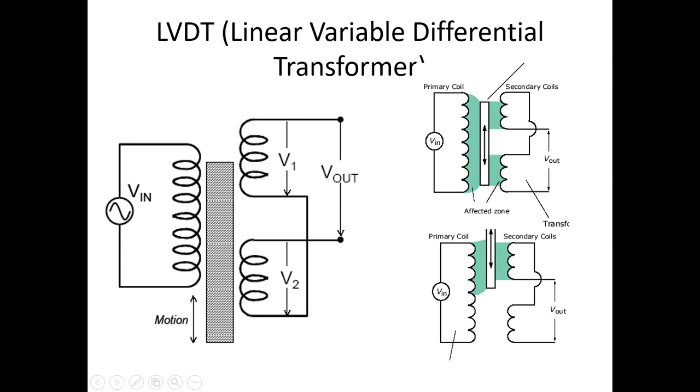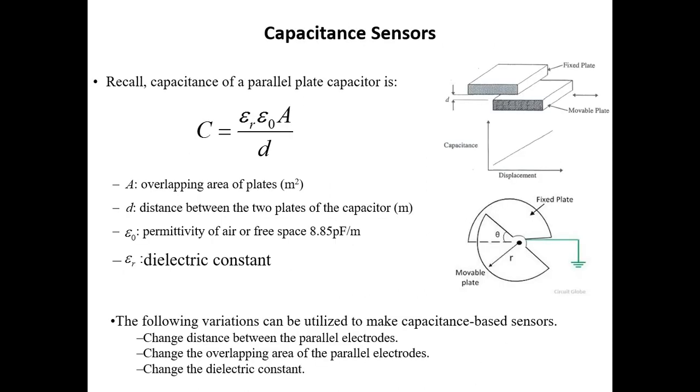This particular device is used in many applications where you can measure vibrations and displacement very accurately. And the next type of sensor is the capacitive sensor.